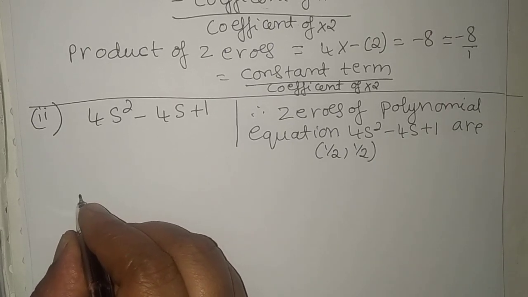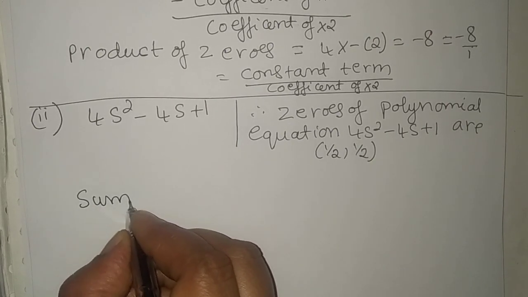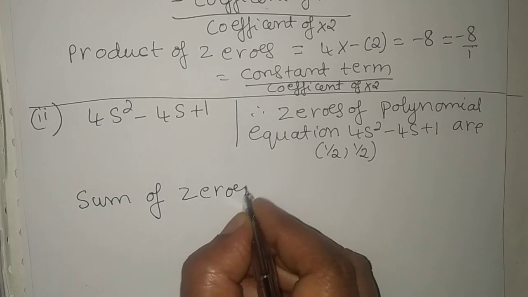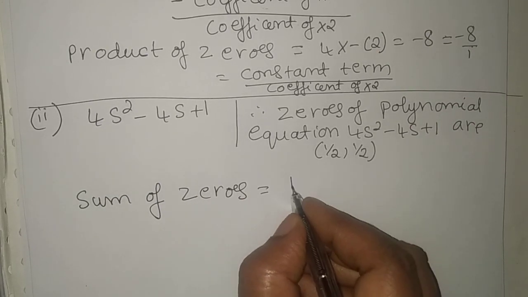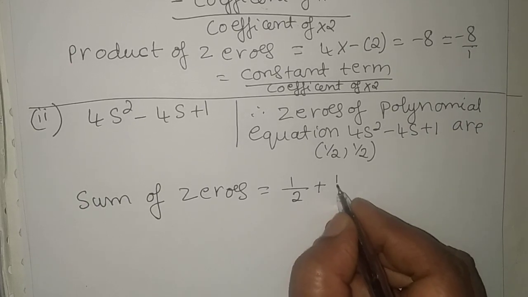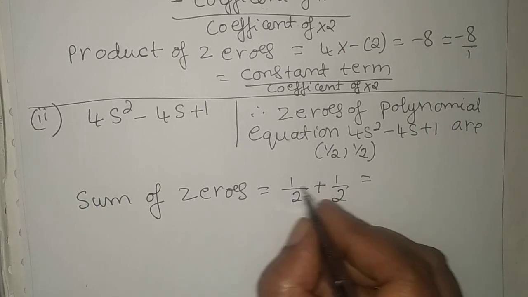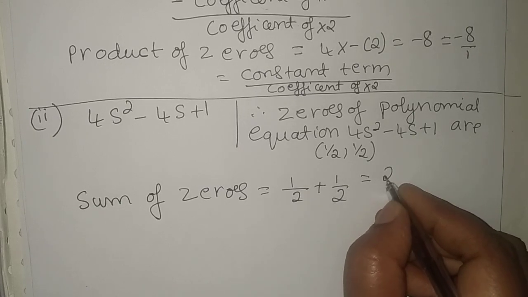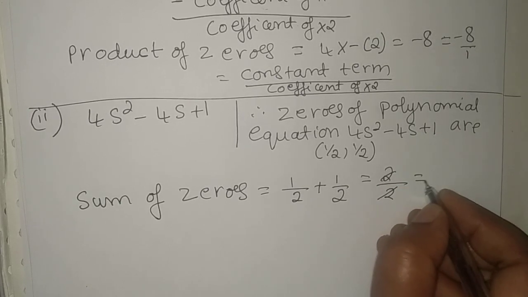So the next part is calculating the sum of zeros. Sum of zeros is half plus half. Half plus half, how much do we get? 2 is common, 1 plus 1, 2 by 2, we get 1.